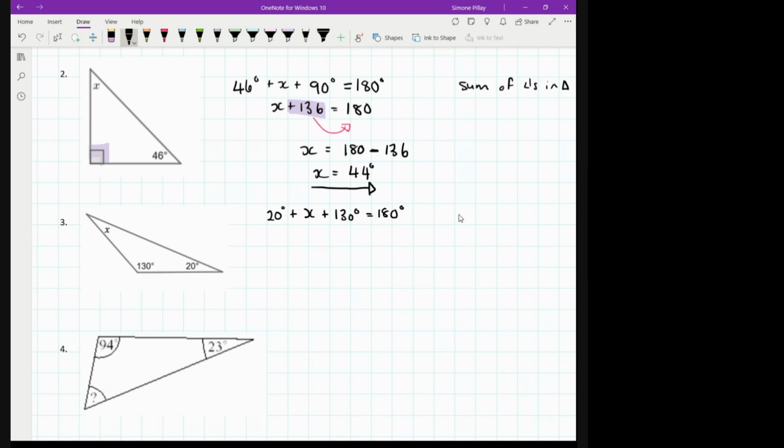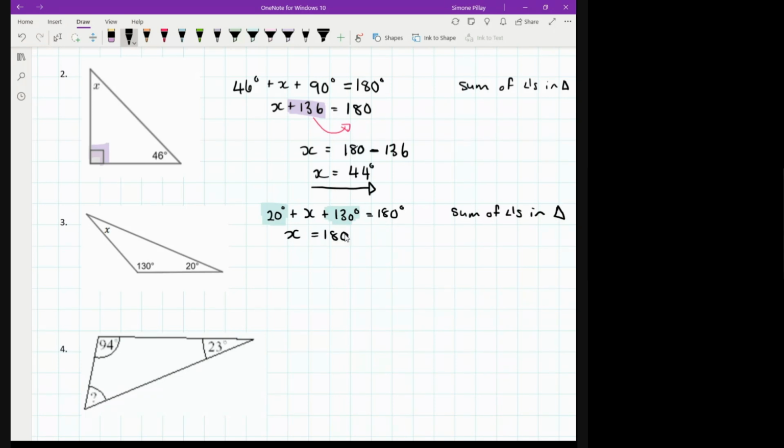My reason for this is sum of angles in a triangle. I'm so proud of all of you for always giving me your reasons before you solve the equation. Well done. Then we're going to transpose, but first we're going to write x down. So these are the ones we want to transpose: x equals 180.